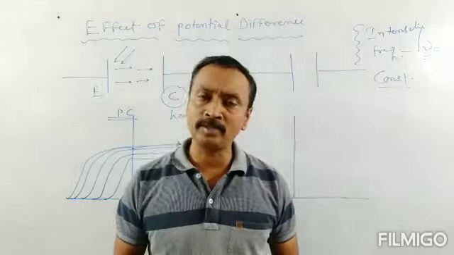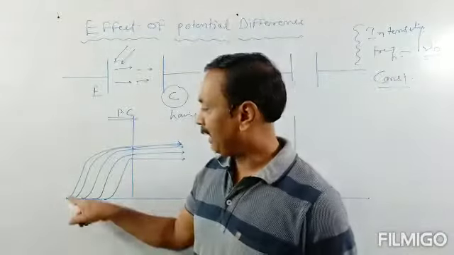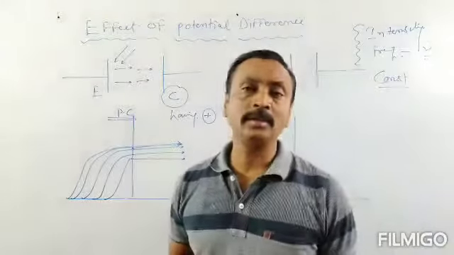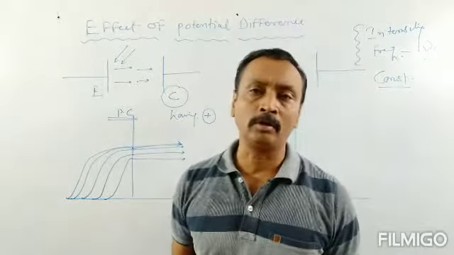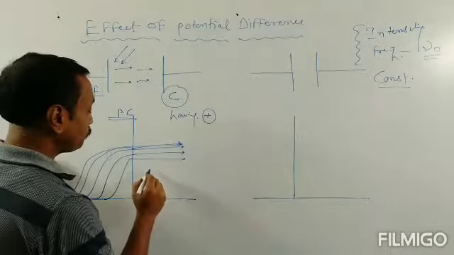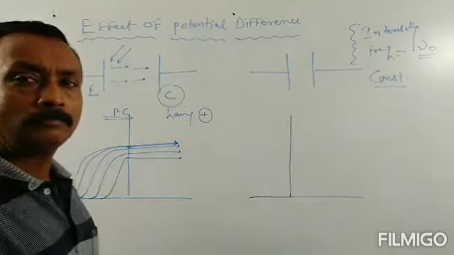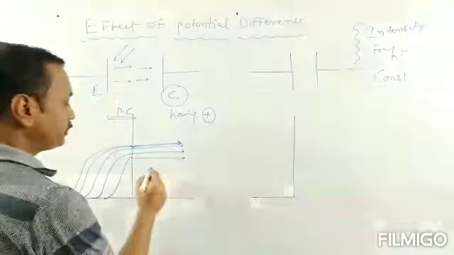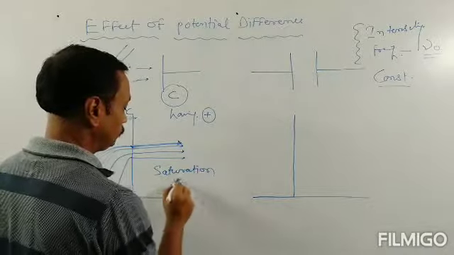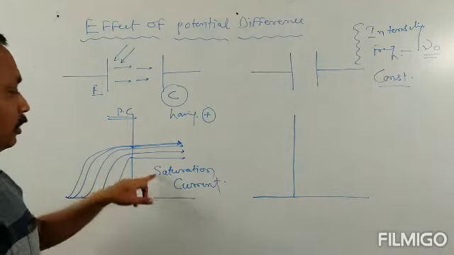If I increase step by step, no doubt I get the photoelectric current at each step, but at a certain stage there is no increase in the photoelectric current or the photoelectrons. That is what is called the saturation current.